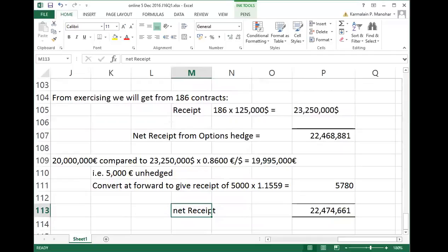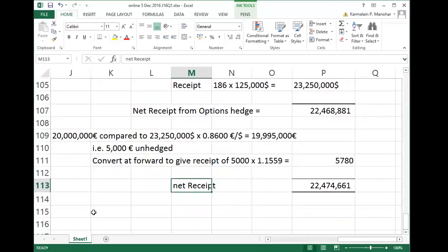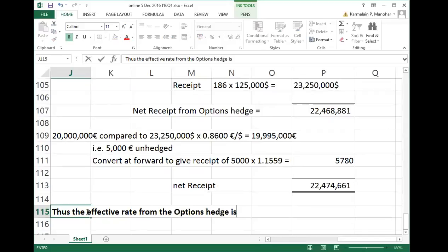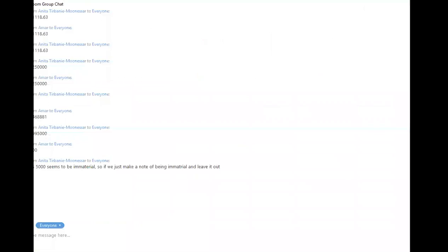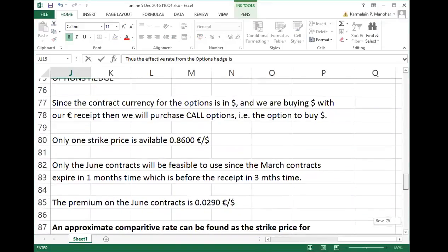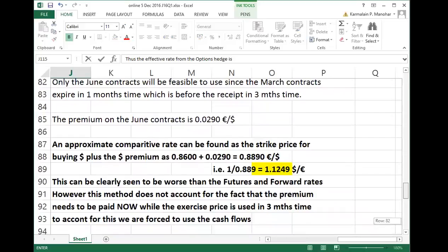But this now is the final, this is the real thing that I want to do here, right? So if you have time to go through all of this cash flow section, you could still come back now and say, thus, the effective rate from the options hedge is, we want, how did we compare all our rates so far? Our forward hedge to our futures hedge, we were comparing in the values of dollars per pound.